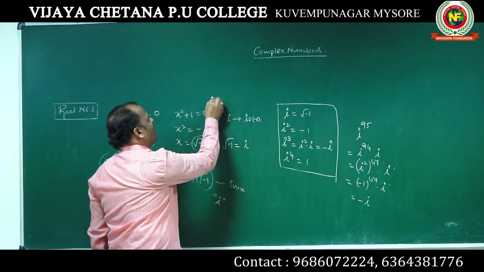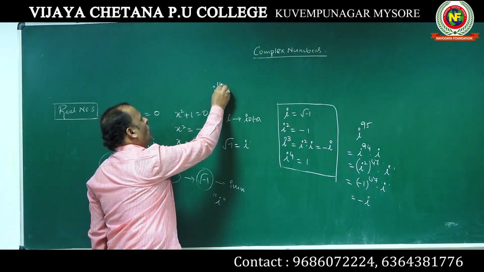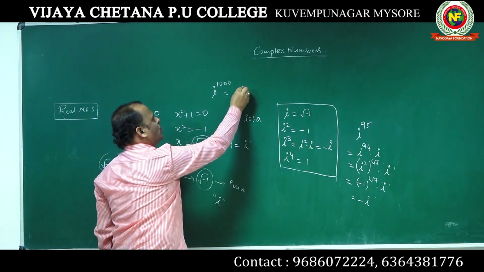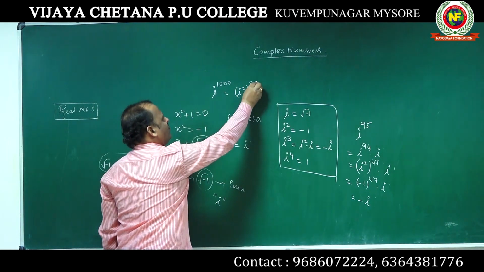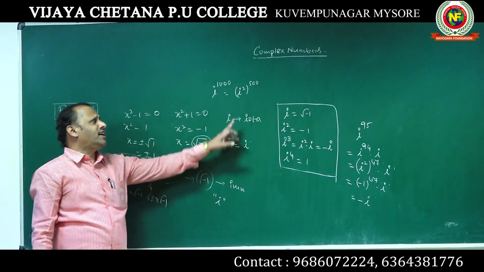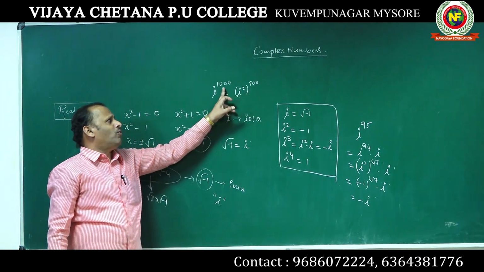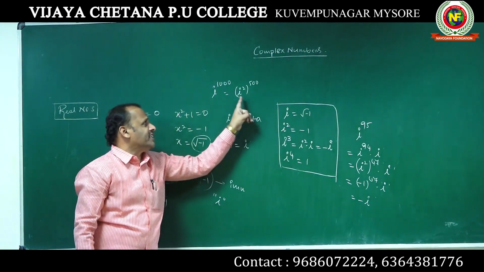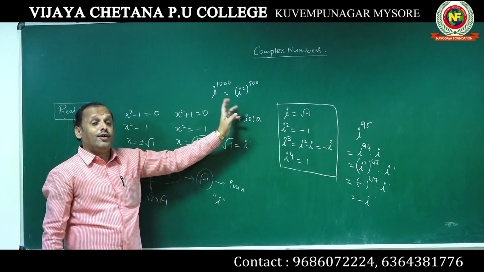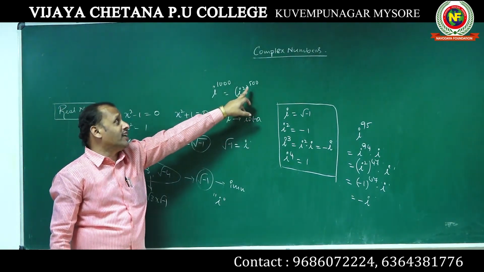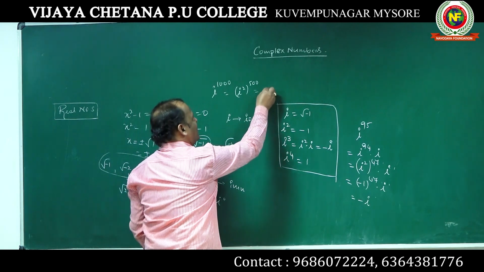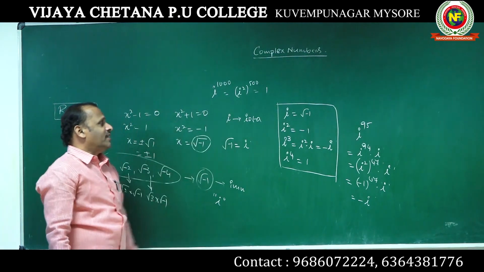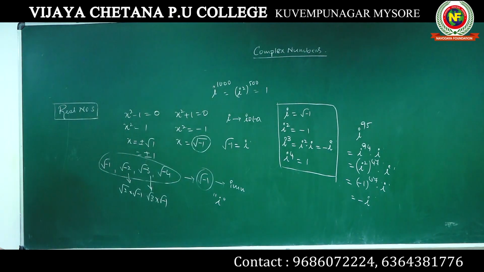For example, i to the power 1000 is nothing but i square to the power 500, since 2 into 500 is 1000. Now i square means minus 1, and minus 1 to the power 500 is an even power, so it is plus 1. Like that we simplify imaginary numbers.